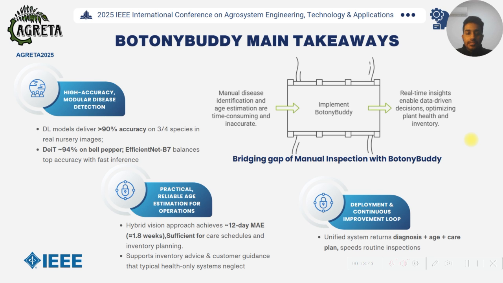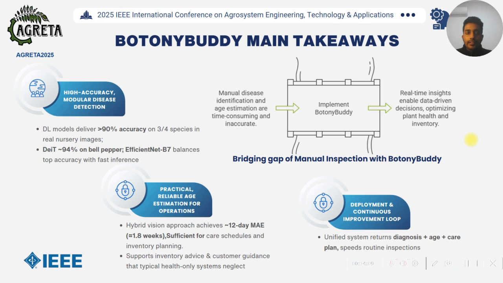The main takeaway of the system is bridging the gap of manual inspection with BotanyBuddy, giving real-time insight. From a single image upload, the machine learning model goes through the image and predicts if there's a disease or not, and also provides the phenology analysis.